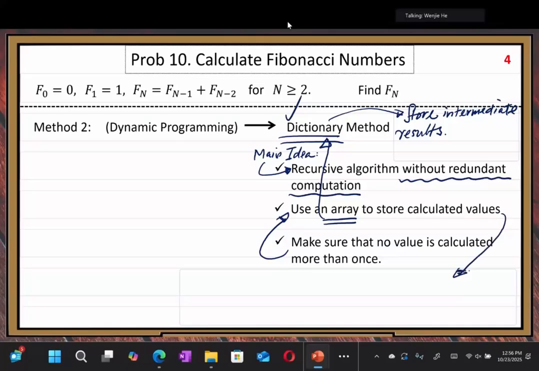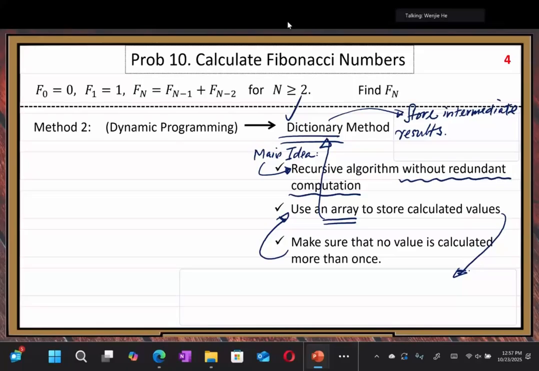Now, let's assume you have stored all the intermediate values in your array. The next question: how fast can you look up an item in this array? How fast? You need to search, right?